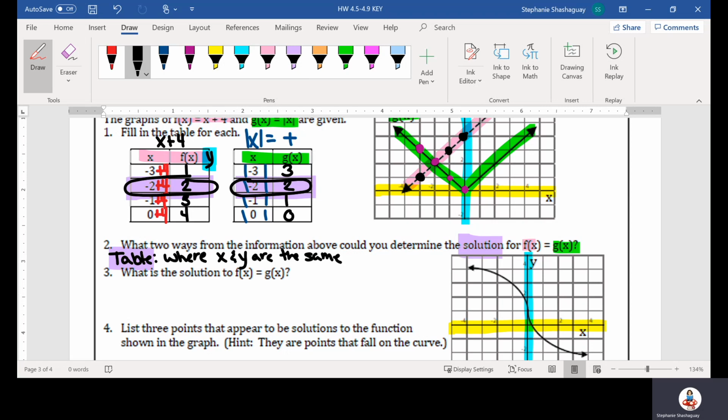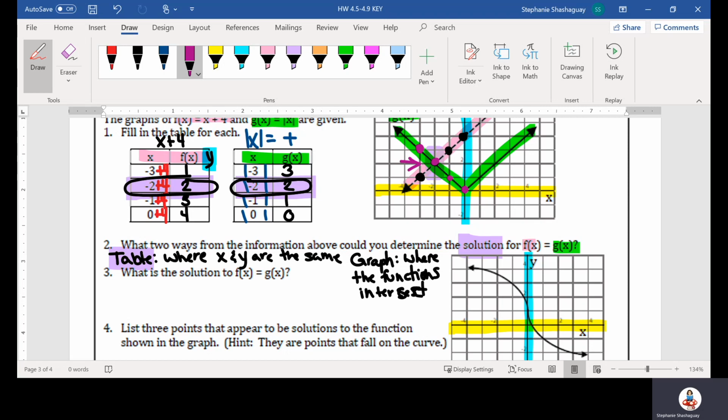I can also look at the graph, and if I'm looking at the graph, it's where they intersect, where the functions intersect. Which is right here.